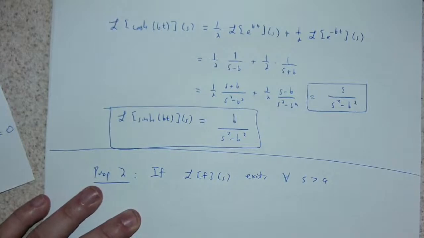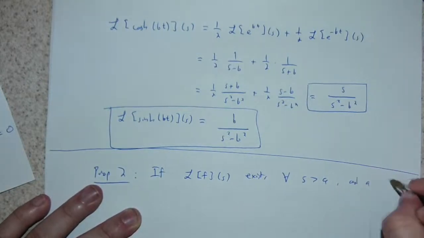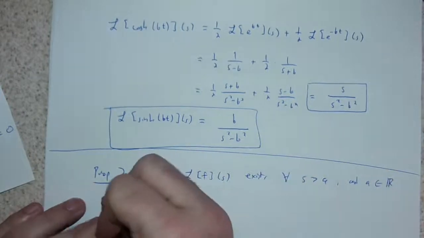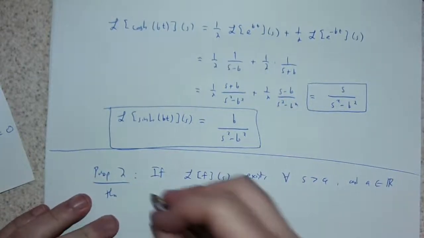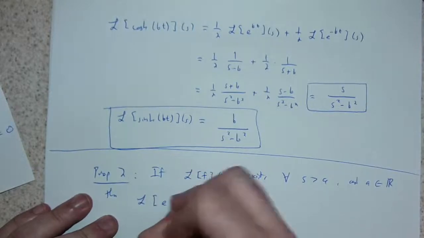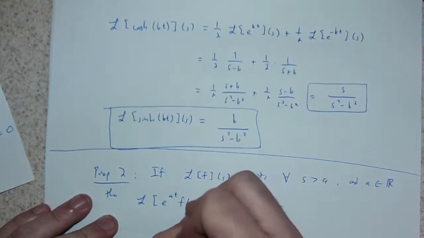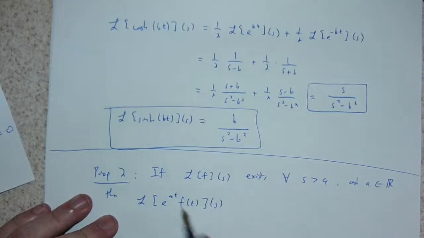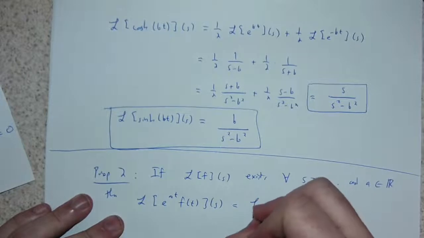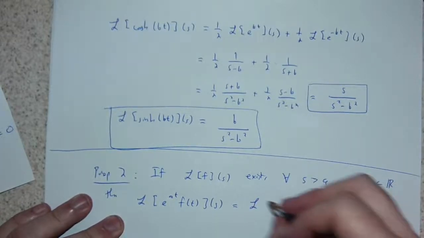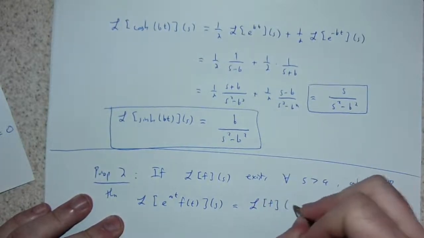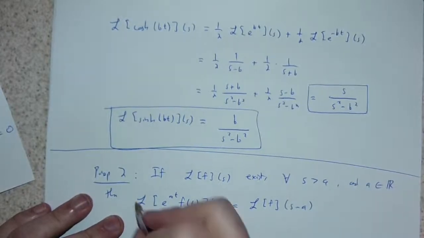Okay, and if a is any real number, then the Laplace transform of e to the at times f of t of s, so I can multiply a function by e to the at. What is that? That's actually just the Laplace transform of f that has been shifted by a.